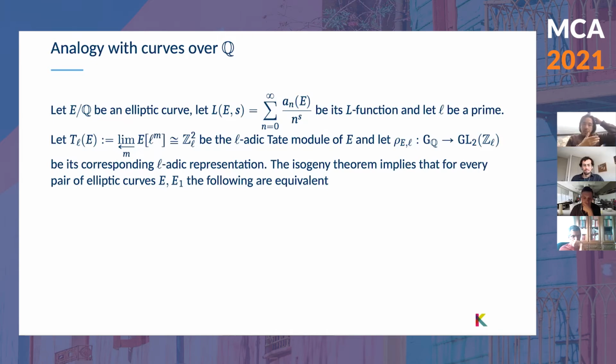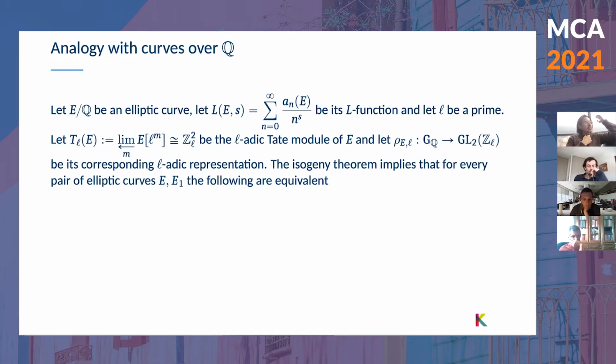So the classic old object that probably everyone learns as the first favorite Galois representation is the Tate module of an elliptic curve. You have the Tate module of the elliptic curve, and you have the L function of that representation, so the L function of the elliptic curve.